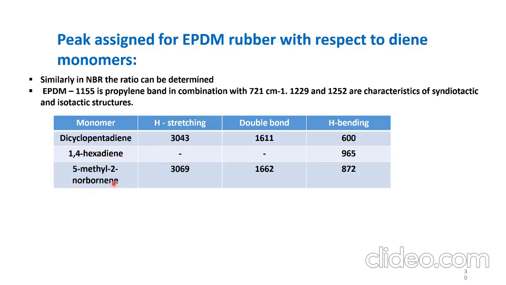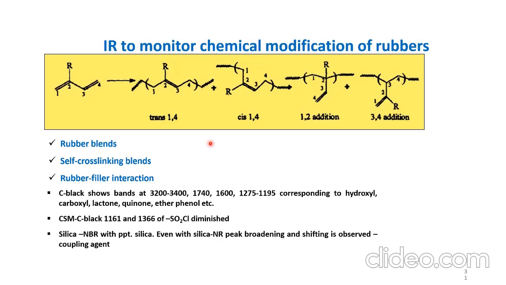There is a base monomer, so we need to check the basic unit of that, and depending upon that the stretching and bending peaks are assigned. And this is for checking the chemical modification of rubber.